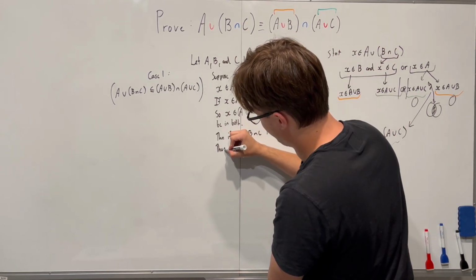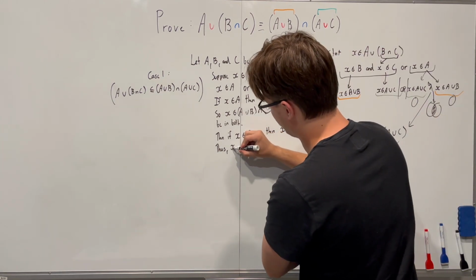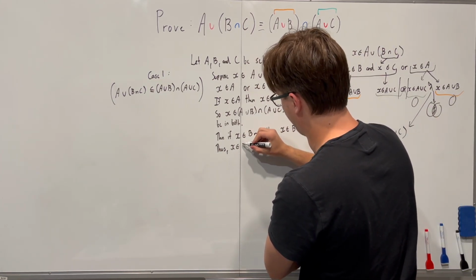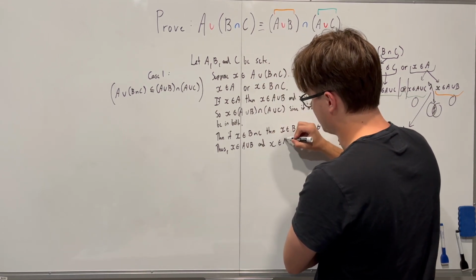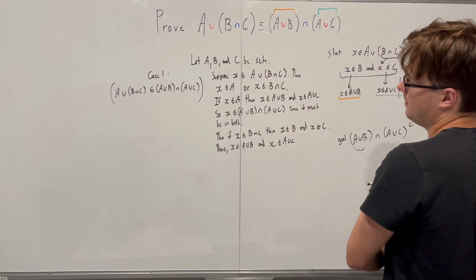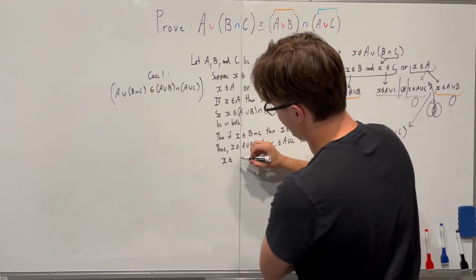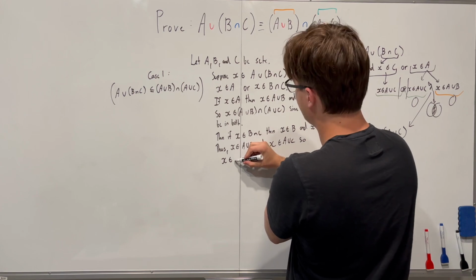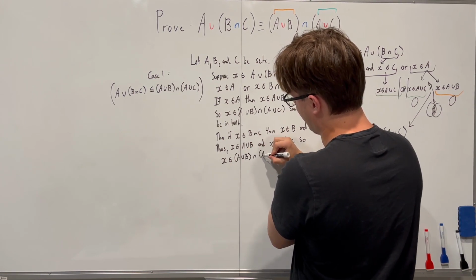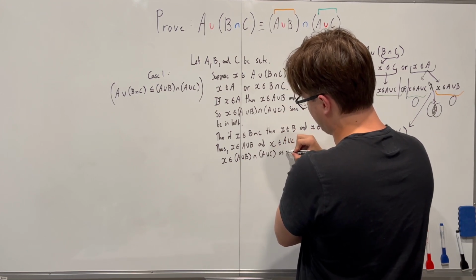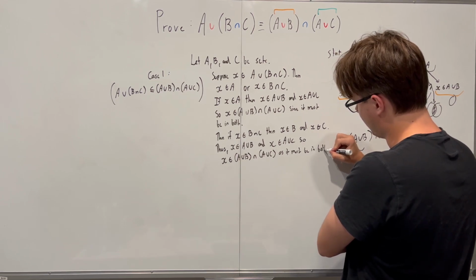We'll say, thus, x will definitely be an element of A union B, and x will definitely be an element of A union C because it's in C and it's in B. So x is going to be an element of (A union B) intersect with (A union C), as it must be in both.